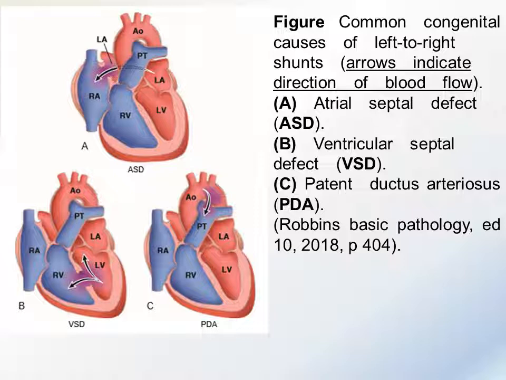Small patent ductus arteriosus generally causes no symptoms, although larger defects can eventually lead to Eisenmenger syndrome with cyanosis and congestive heart failure. High pressure shunts also predispose patients to develop infective endocarditis. Isolated patent ductus arteriosus should be closed as early in life as feasible.